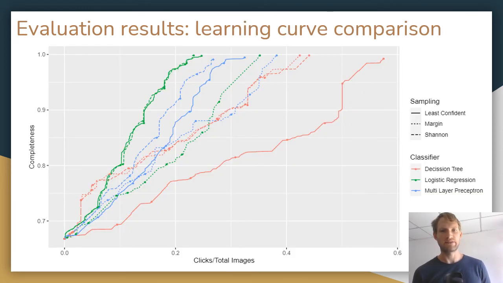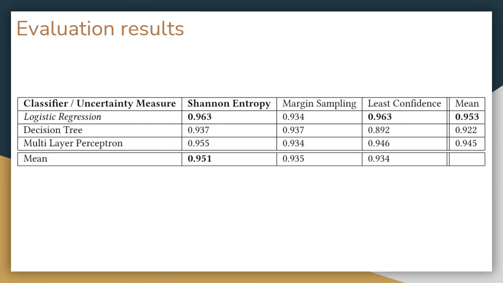Comparing our different combinations of classifiers and uncertainty measures, we see that in the best test case of the logistic regression, the sorting is complete after only 20% of the clicks. Computing the area under the curve as a measure for click savings, we see that the logistic regression classifier with either Shannon entropy or least confidence as uncertainty measure is most efficient.